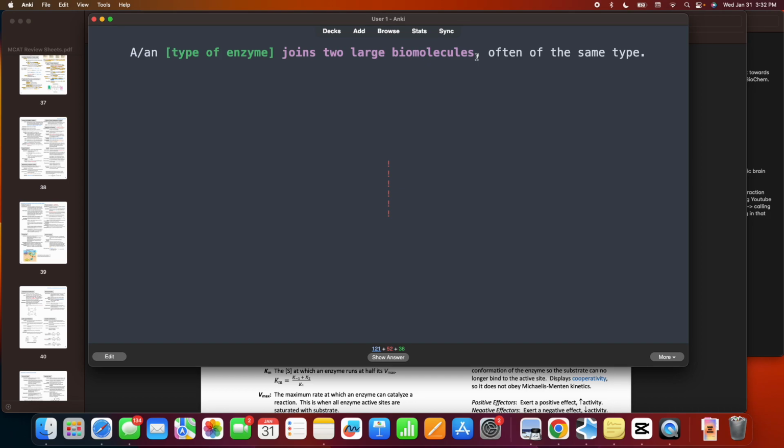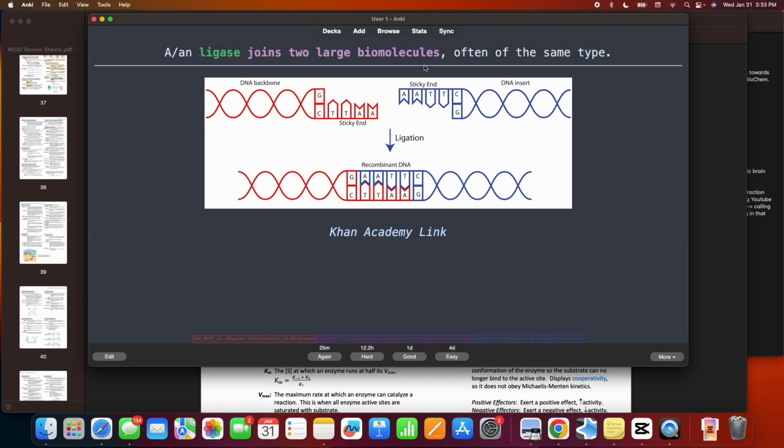That would be... This should be a ligand, or I don't know. Ligase. I was close. I just needed the A's.